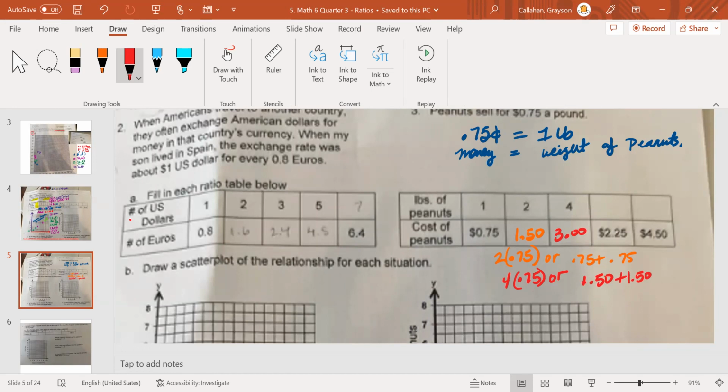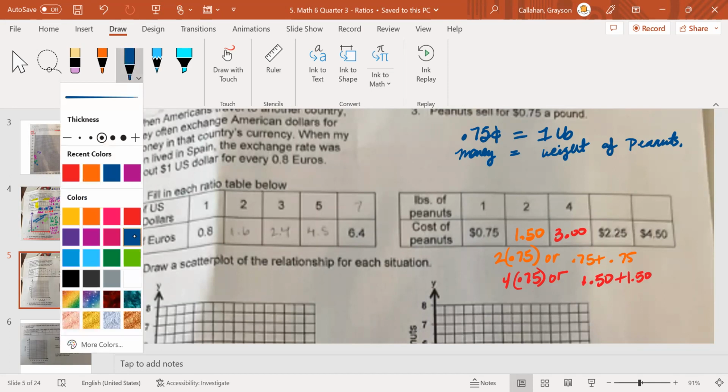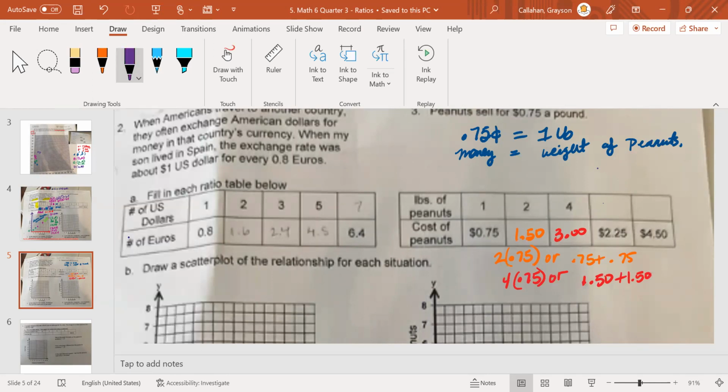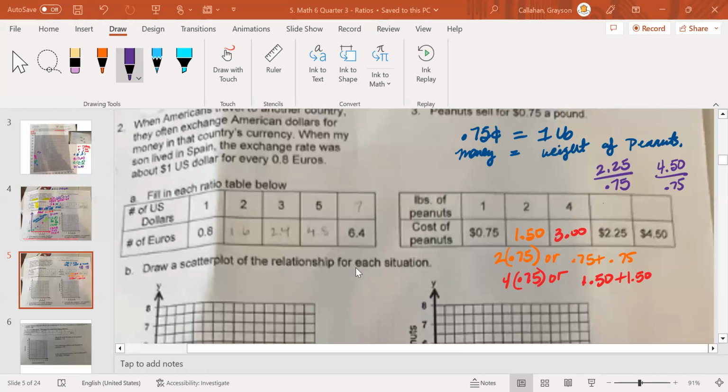So to get to $2.25, how are you gonna get the number of pounds of peanuts? You multiplied before, but now I'm gonna do the opposite. So to get to this, divide by what? Yep. And then $4.50 divided by 0.75, right? So go ahead and do that. What is that gonna get you? All right, so what do you have? 3 and 6? Okay. And you sure those are correct?